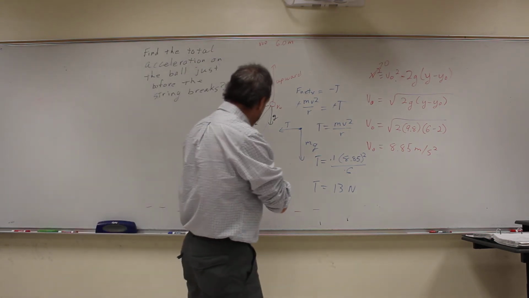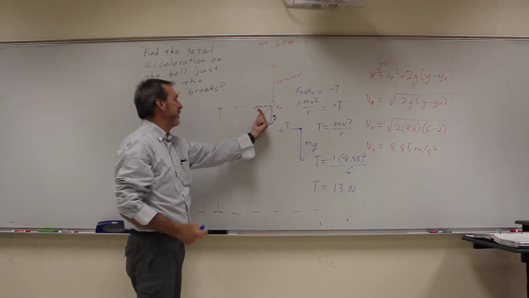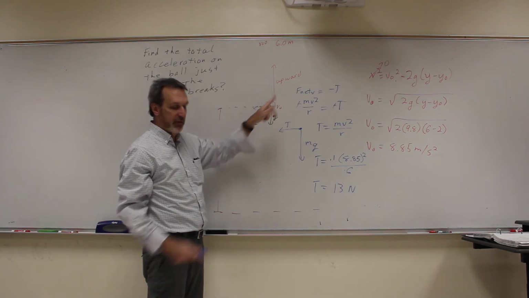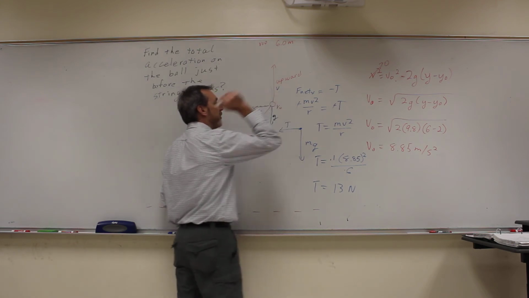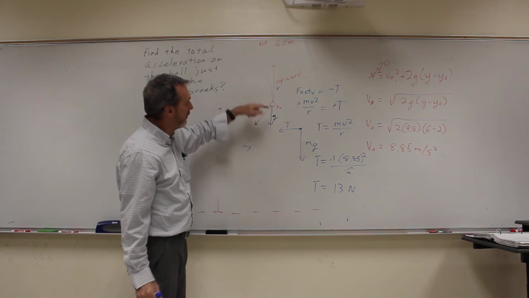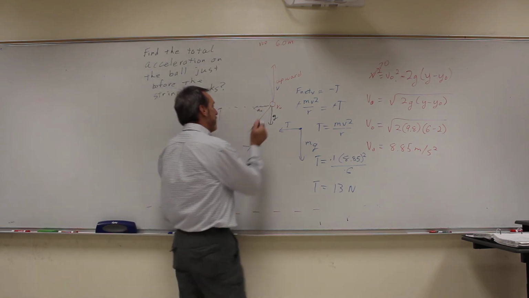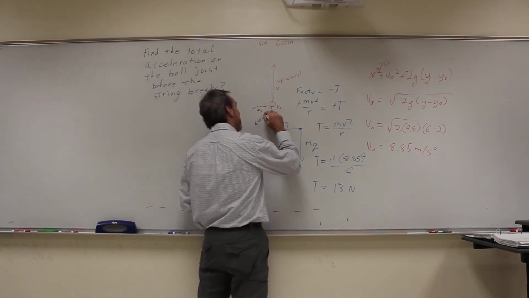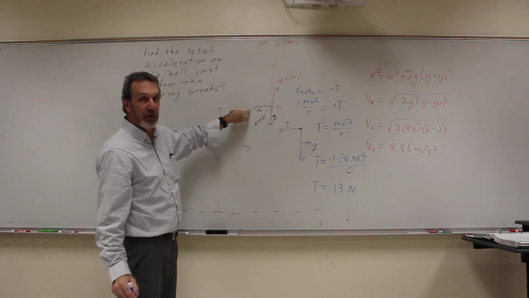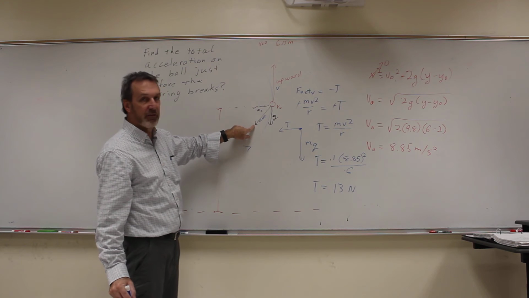Notice that the centripetal acceleration is always aiming towards the center of the curve, always perpendicular to the velocity vector. This is the velocity vector going upward. In this case, because it's going in a vertical circle, gravity's down, and so our total acceleration is going to be a combination like this. Those are perpendicular to each other, so we have to use the Pythagorean theorem to figure this out.